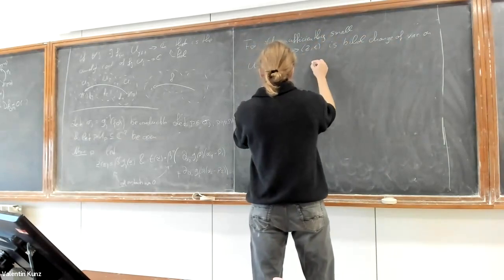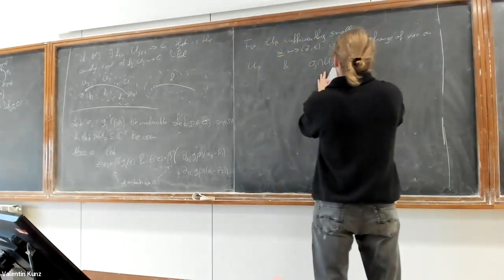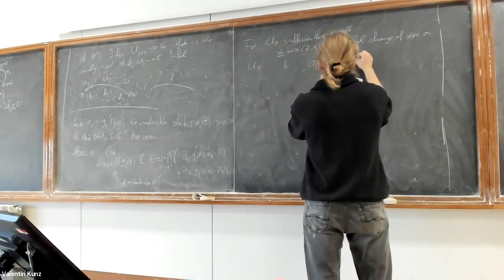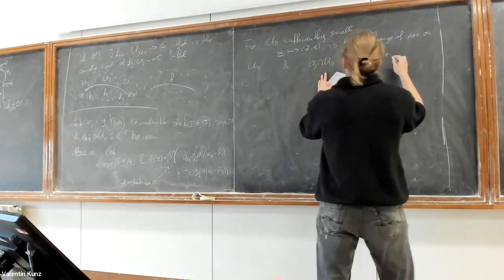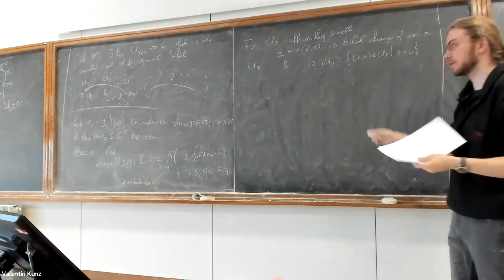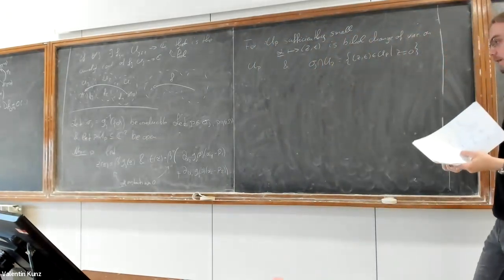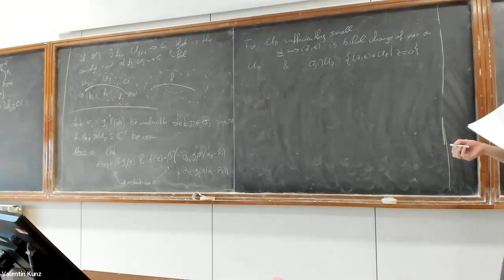And this is why we do all of this. If I look at the intersection of sigma j with UP, it will be the set of all P in UP such that Z is equal to zero. You're flattening it. Exactly. The biholomorphic change of coordinates is true for any choice of beta prime and beta double prime, for non-zero real values.